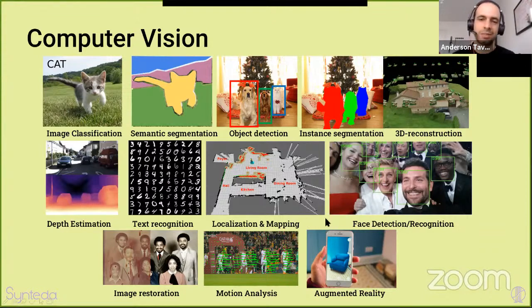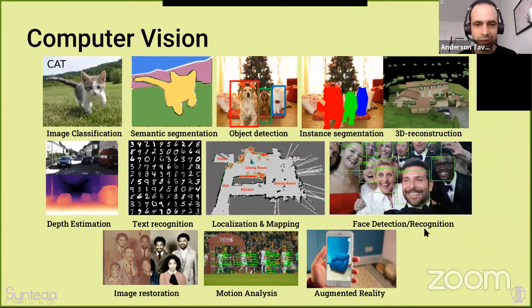We also have tasks related to face detection, recognition, image restoration, motion analysis, augmented reality, and this is by no means an extensive list. We have a lot of different tasks related to computer vision.